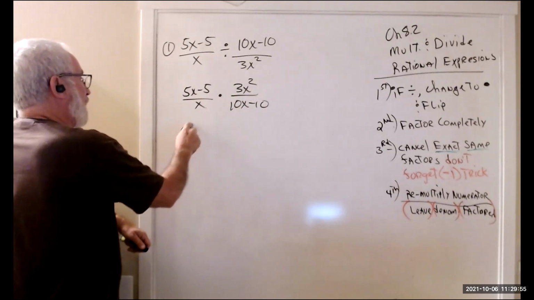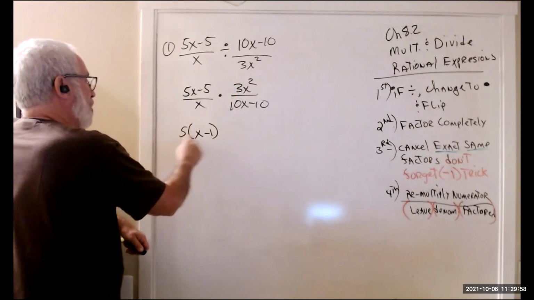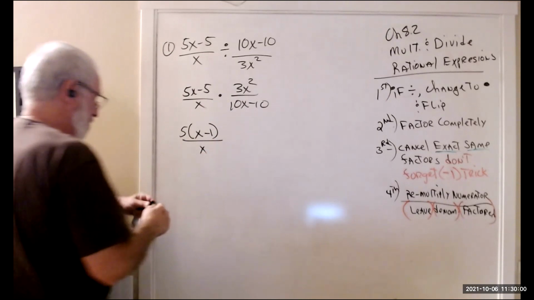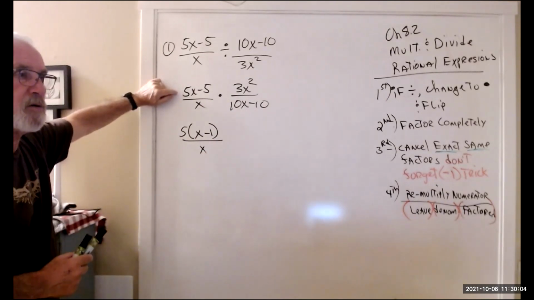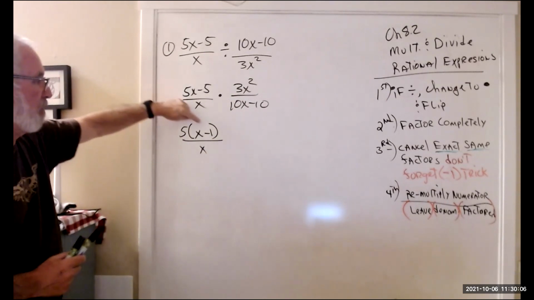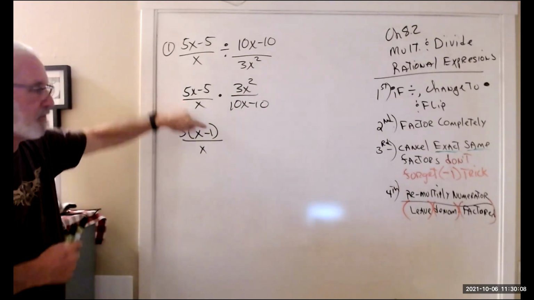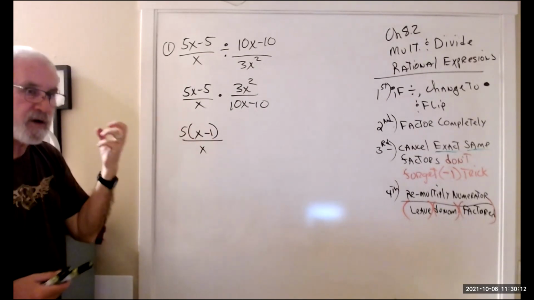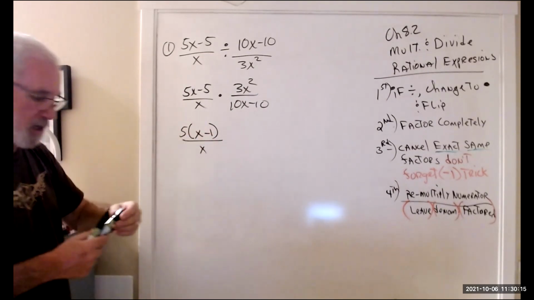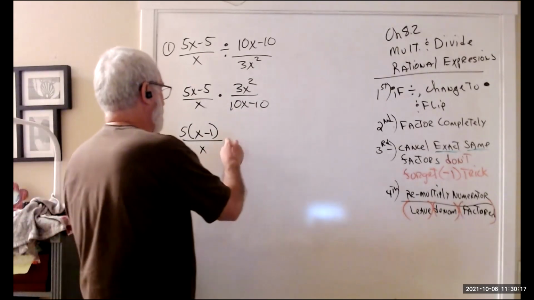So this is 5 times x minus 1 over x. This numerator here, we can take out a 5. Remember, when you divide out the 5, you leave a 1. Taking out actually means divide. Times. Now, this is where the trick shows up.